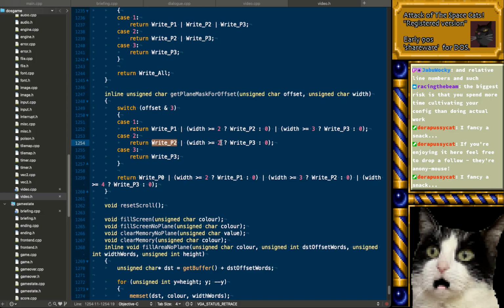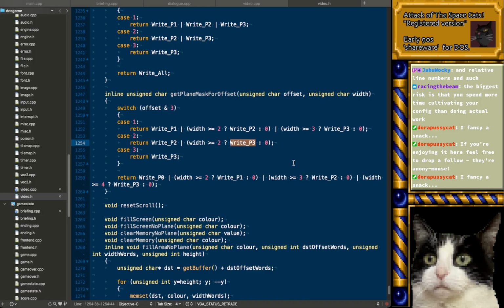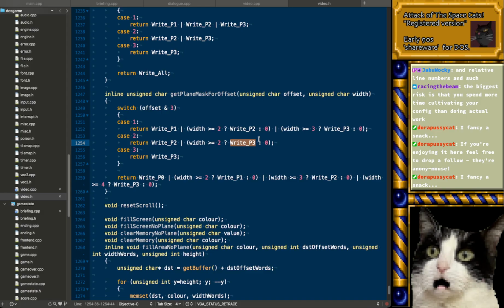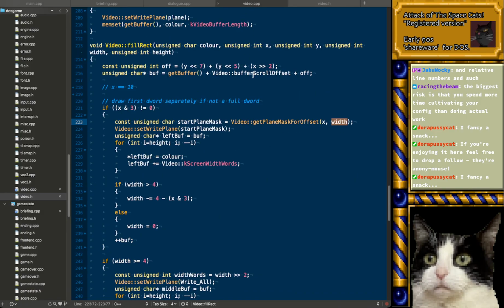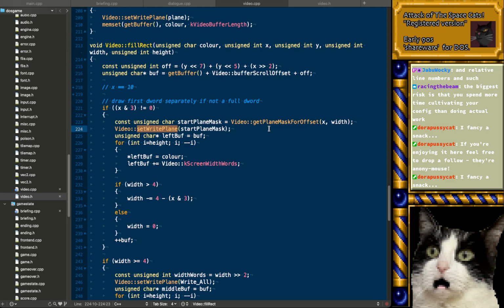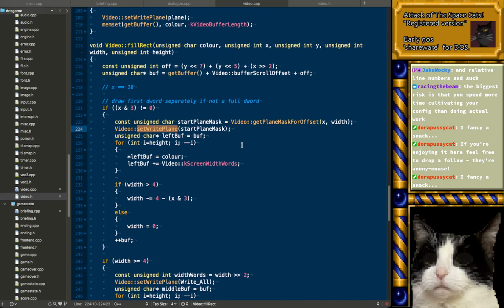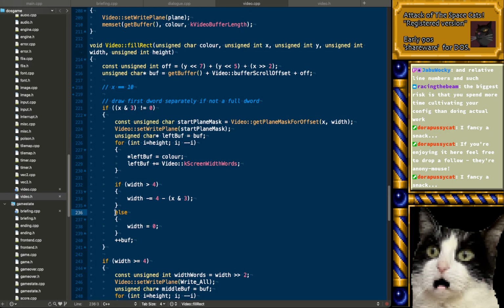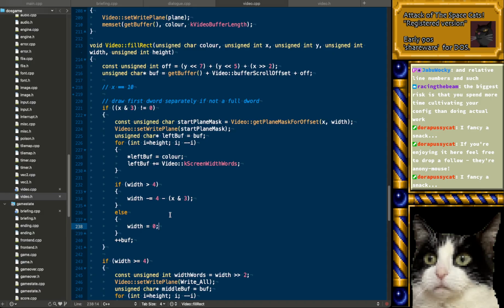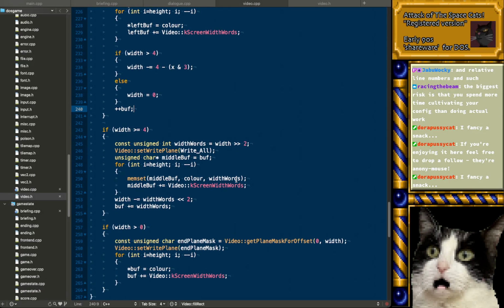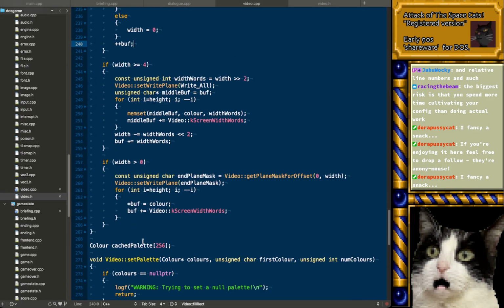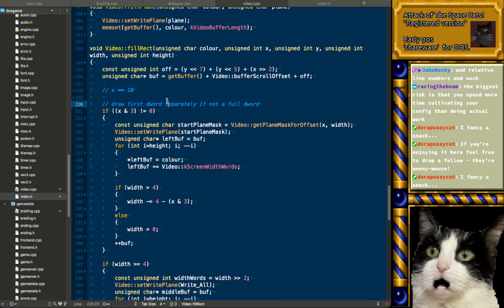If the width is more than or equal to 2, we also write the second pixel. That seems correct to me. So that's going to say write P2 and write P3. Is that the right plane? P2, P3. And then draw. If width is more than 4, it's not, so width is now 0. Move on to the next word. If there are any other words, they're not, so we skip out. That code seems right to me.